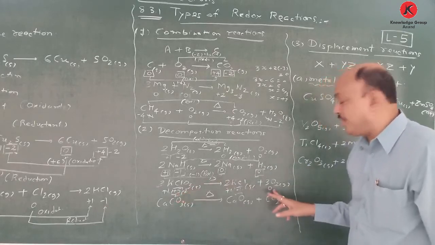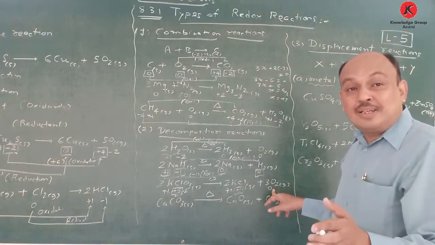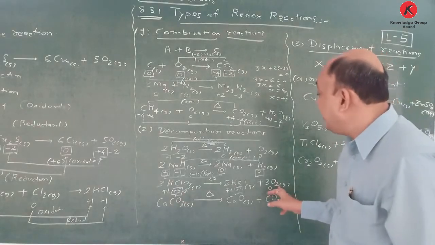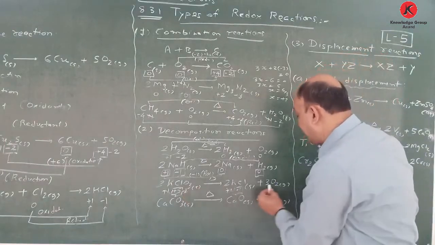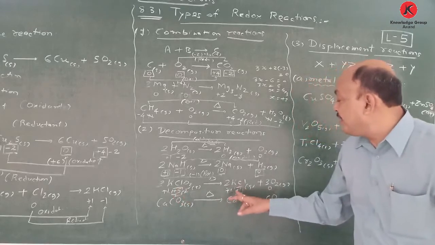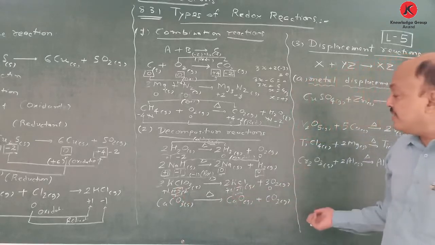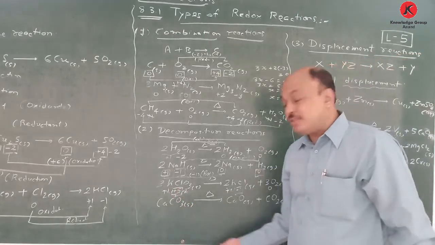And oxygen goes from minus 2 to 0, which is an increase of 2. So oxygen undergoes an oxidation reaction, and chlorine, going from plus 5 to minus 1, undergoes a reduction reaction. So the decomposition reaction is complete.